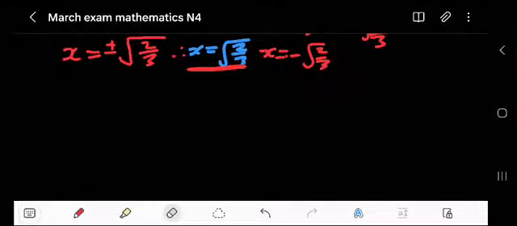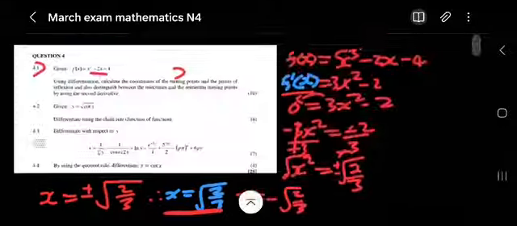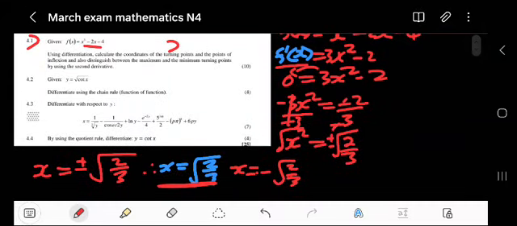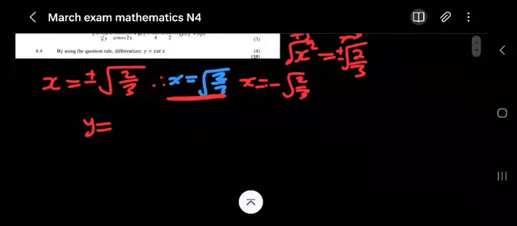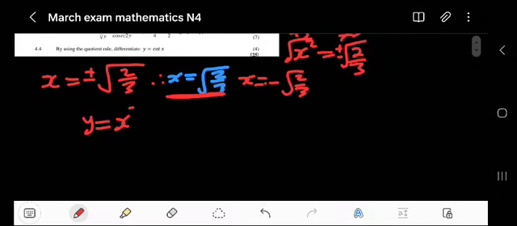What will be the y value there? We substitute into the original equation, x cubed minus 2x minus 4.